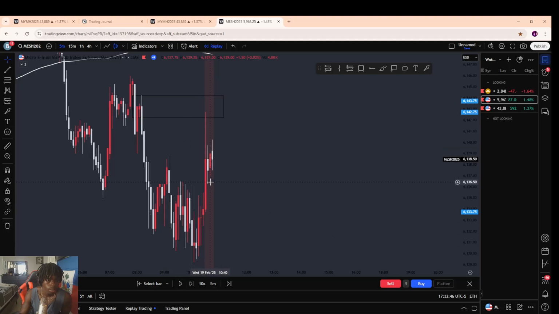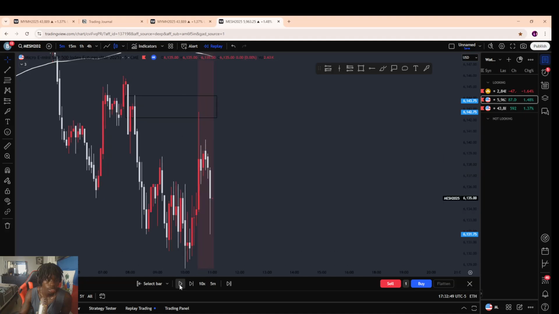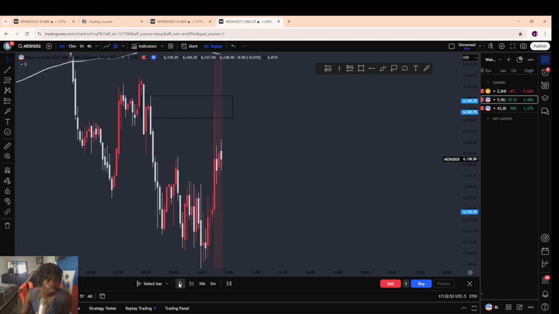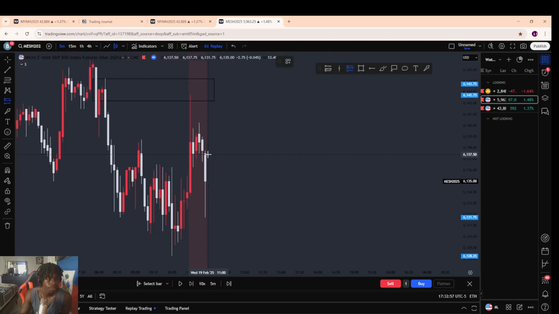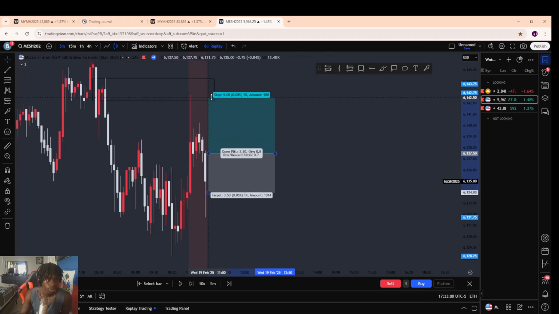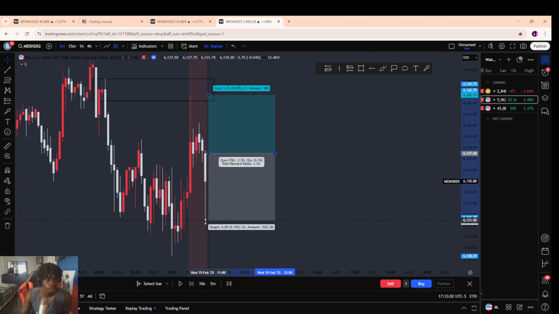That candle didn't break below this candle, so I didn't get in the trade. And as soon as this candle broke below this candle, that's when I got in. And my stop loss is the highest wick in the zone, that tap, and I went for a 1 to 2.